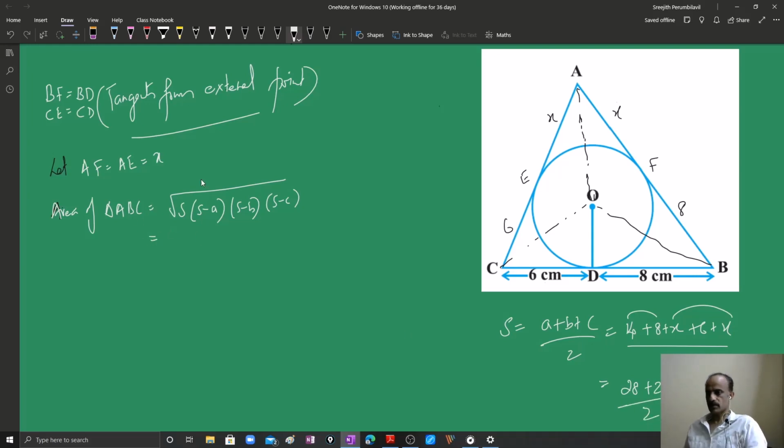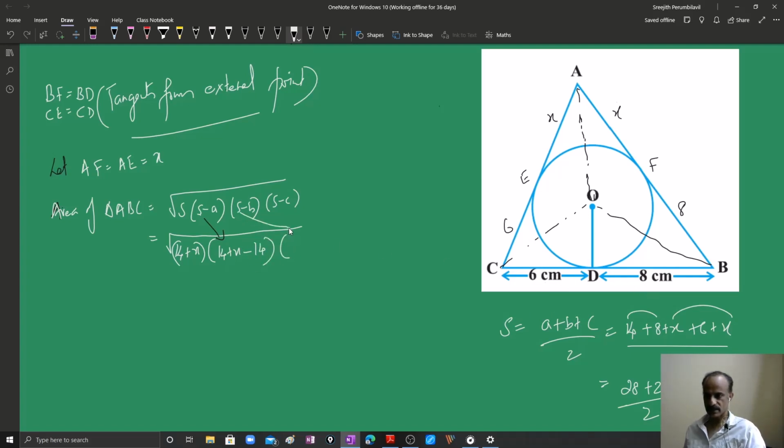So this is equal to root of S, which is 14 plus X, into S minus A. That is 14 plus X minus A, the measurement of one side, that is 14 subtracted.